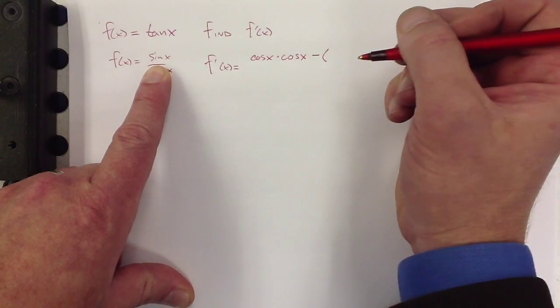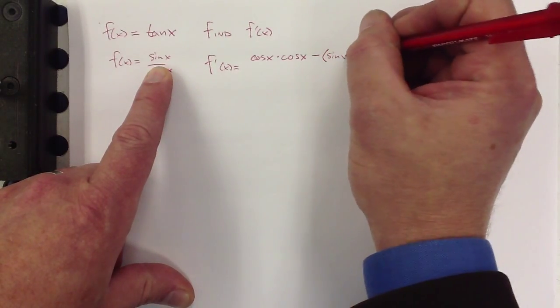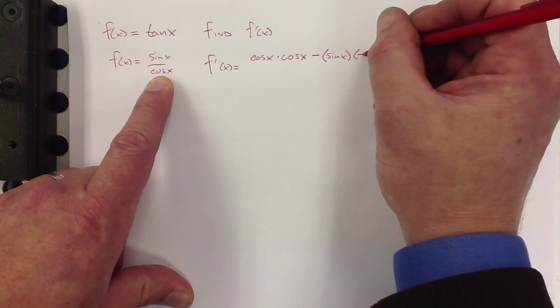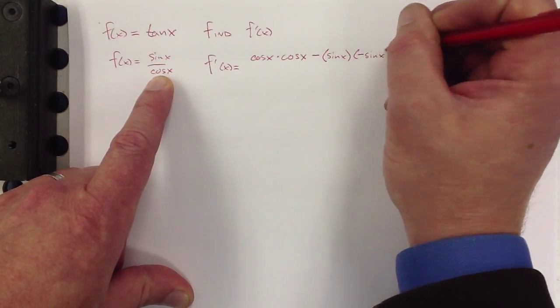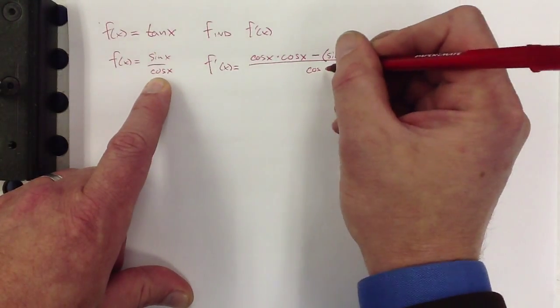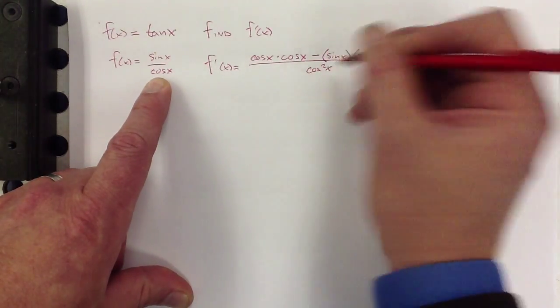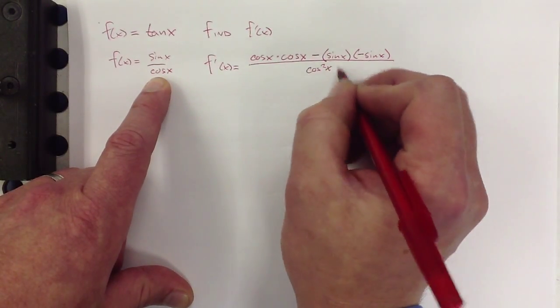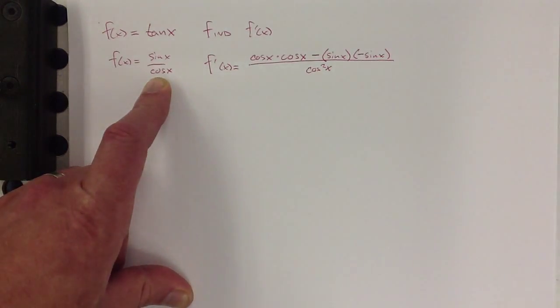Minus high d low, the derivative of cosine is negative sine, over low low. And we usually write that as cosine squared x. You could also write it as cosine x, like in a big set of parentheses, squared.